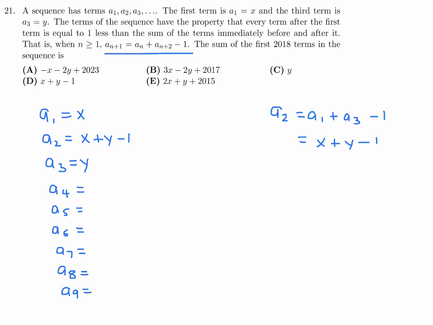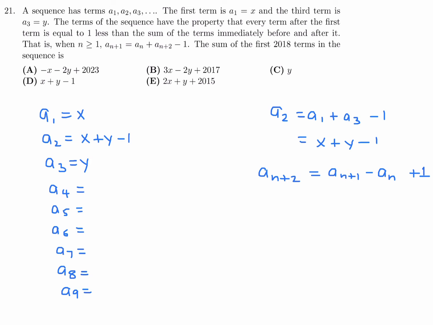So let's use that recursive formula, but I think it's easier if you rearrange it in terms of an plus 2, which would be an plus 1 minus an plus 1.